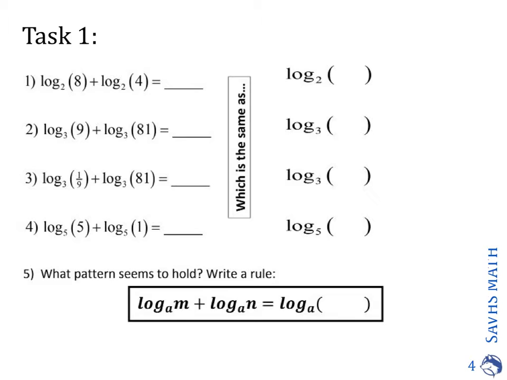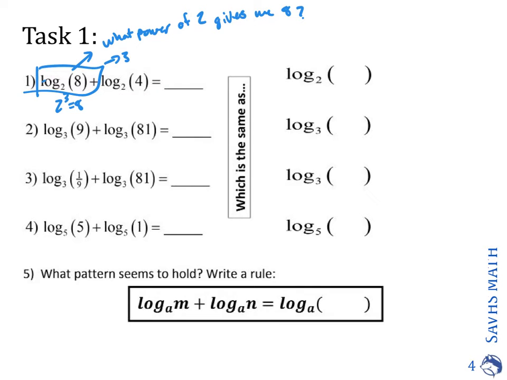It says, log base 2 of 8 plus log base 2 of 4. So log base 2 of 8 is saying what power of 2 gives me 8? Well, the answer here is 3 because 2 to the 3 is 8. So this box right here is 3.